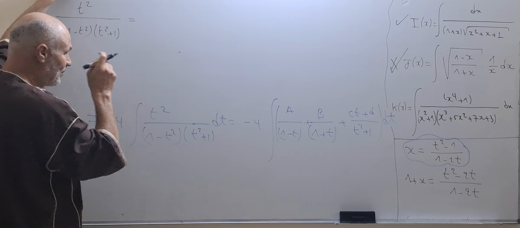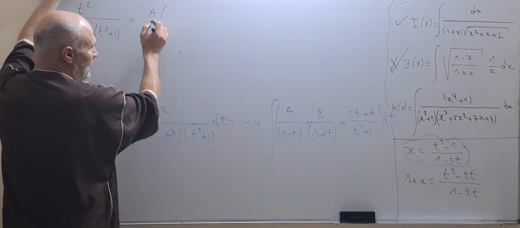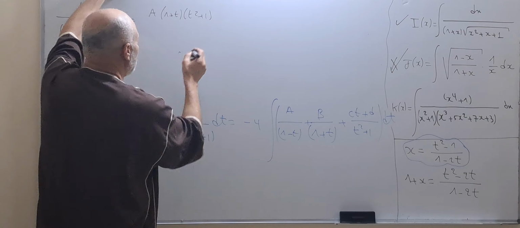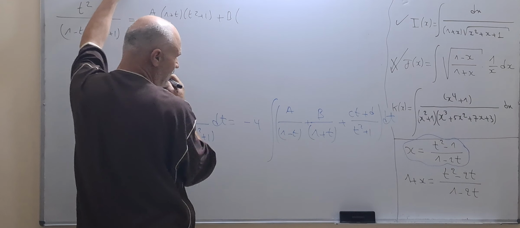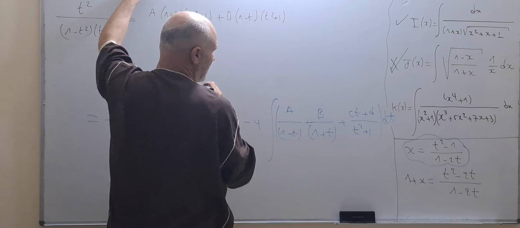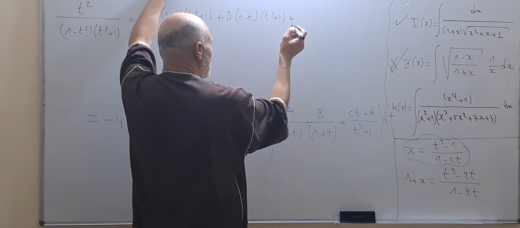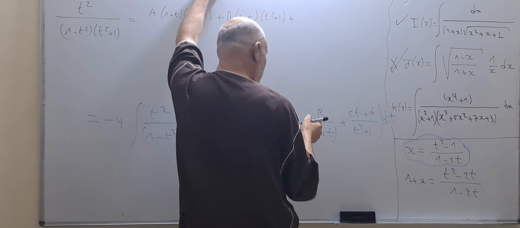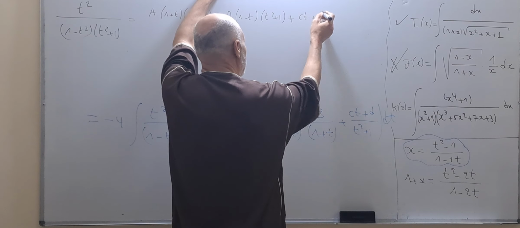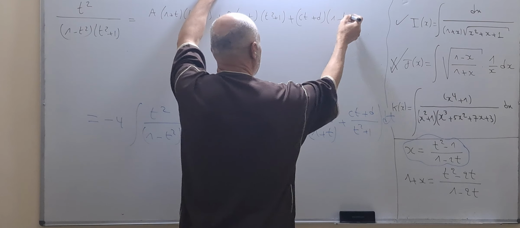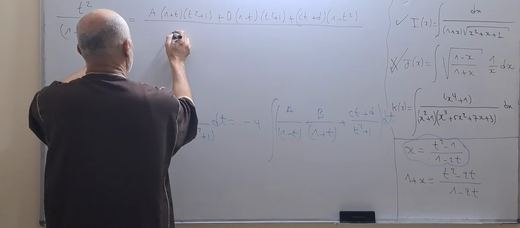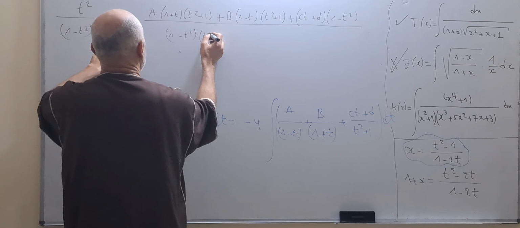This is equal to A times (1 plus t) times (t squared plus 1), plus B times (1 minus t) times (t squared plus 1), plus (ct plus d) times (1 minus t squared), over (1 minus t squared) times (t squared plus 1).